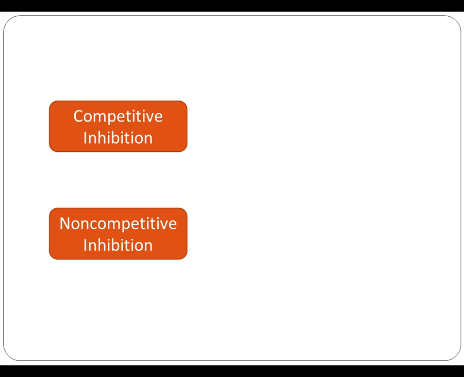Molecules are described as being competitive or not competitive. What this is in reference to is an enzyme's active site. If a product is considered to be competitive, what that means is the final product binds to the first enzyme's active site.